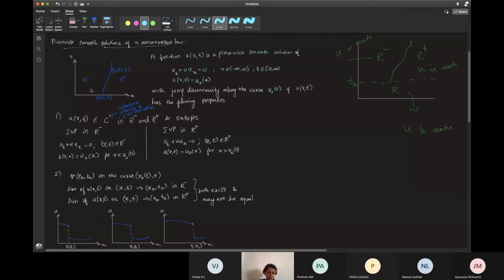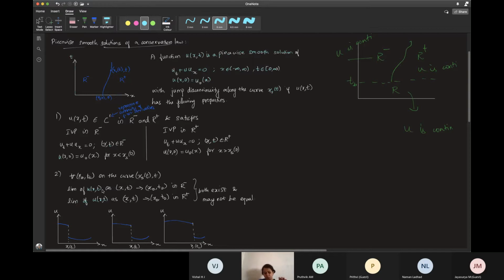When you move from left towards the curve, the limit of u of (x, t) as (x, t) goes to (x naught, t naught) in R minus should exist, and also when you move towards the curve from the right, the limit of u must exist.